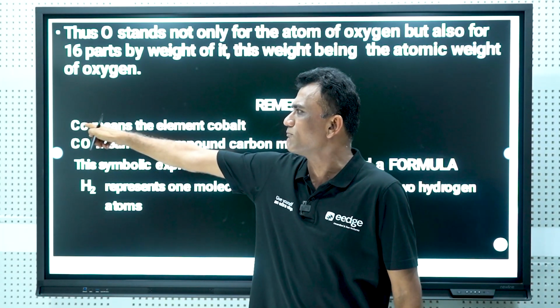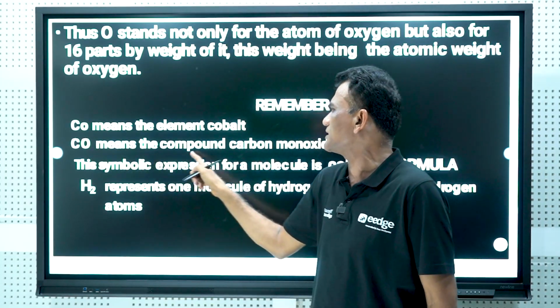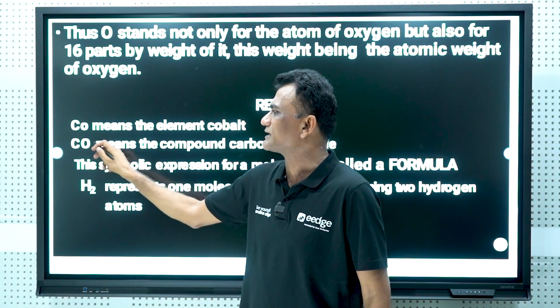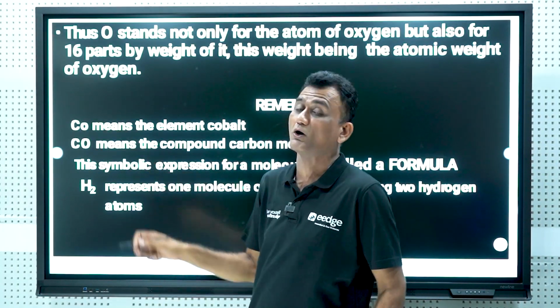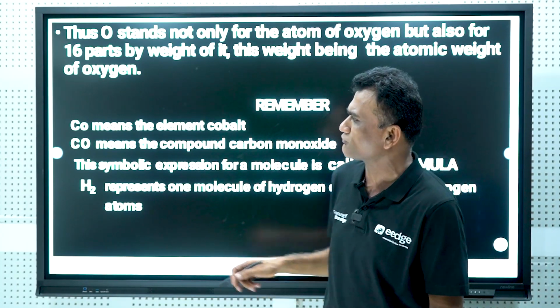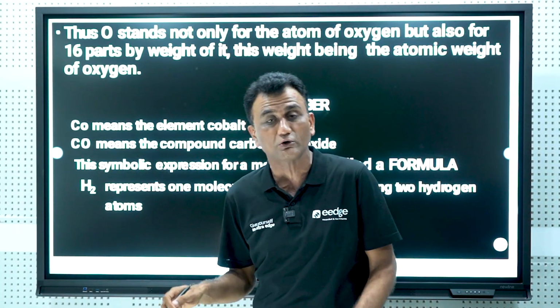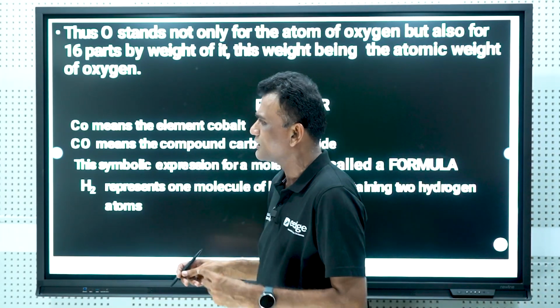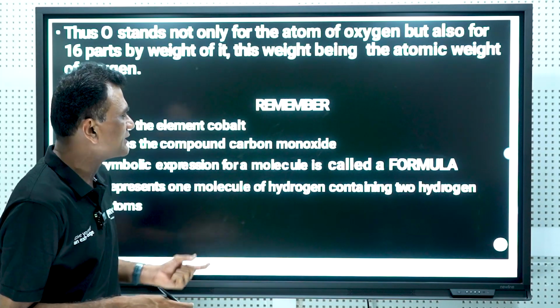So this is a symbol of an element, but CO means the compound carbon monoxide. Okay, so instead of C and capital O, if you write C and small o for carbon monoxide, it will be incorrect. And whenever you are writing the symbol of cobalt, if you write capital C and capital O, then also it is incorrect.